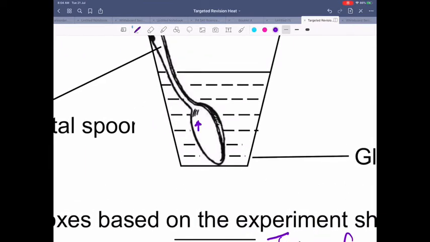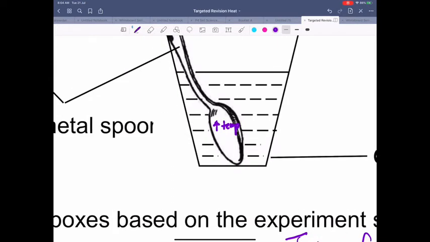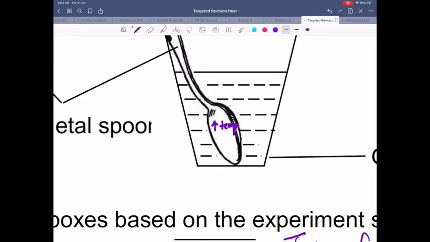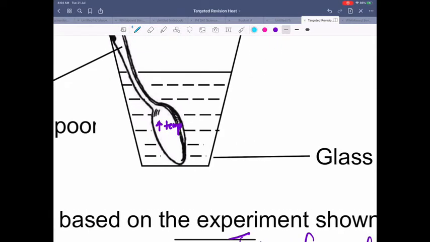So I'm going to put an up arrow to represent that, simply because it was heated over a fire. Okay, and my water over here is of a region of lower temperature, right? 30 degrees. So based on this, I know that my spoon is of a region of higher temperature.